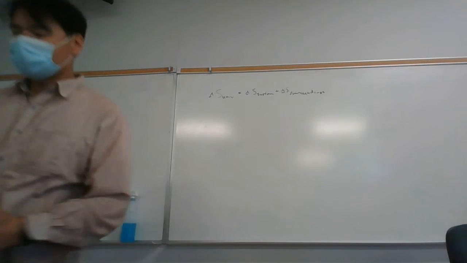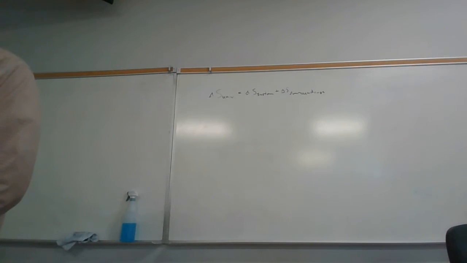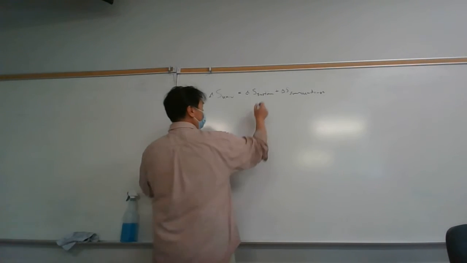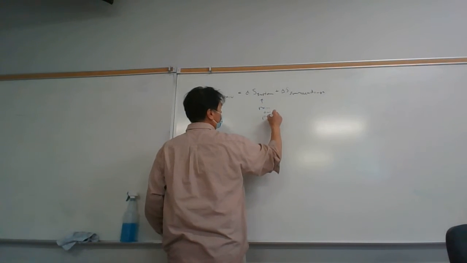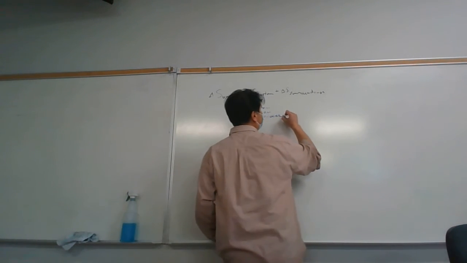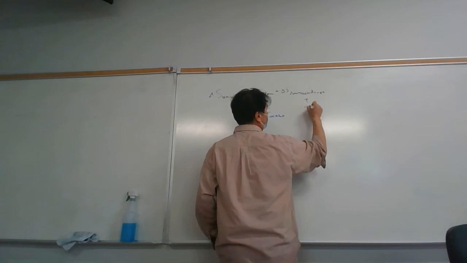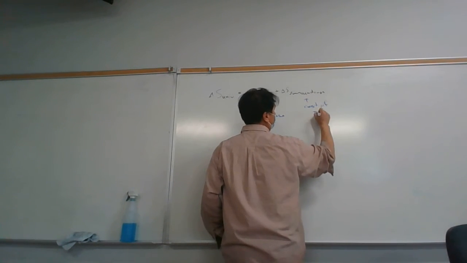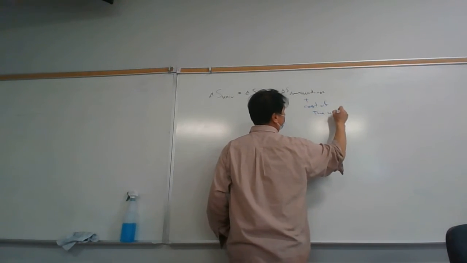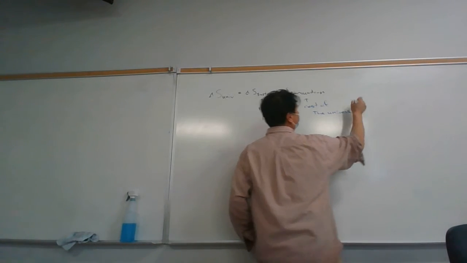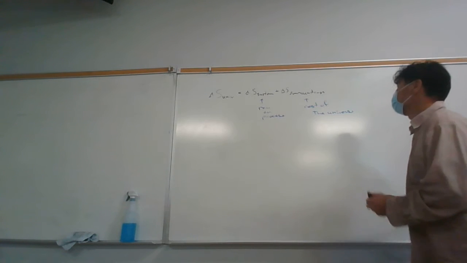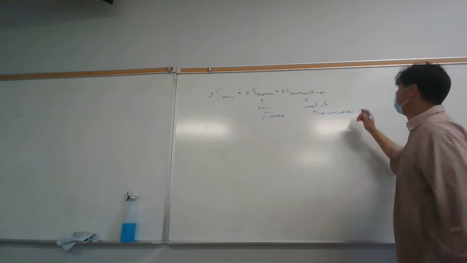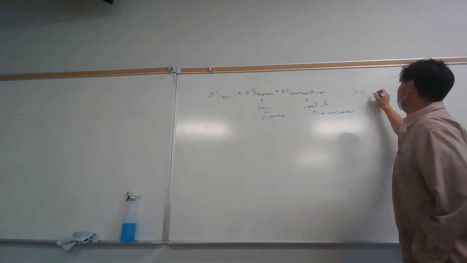So delta S of the system is whatever reaction or process you're studying. The surroundings will be the rest of the universe. If we know that this is greater than 0, that means it is spontaneous.